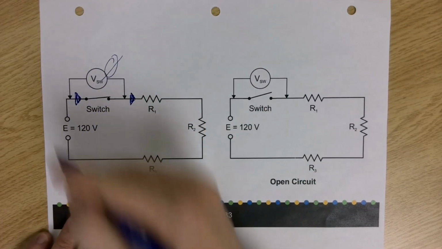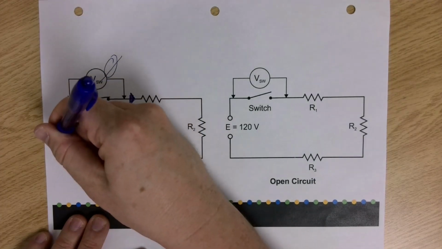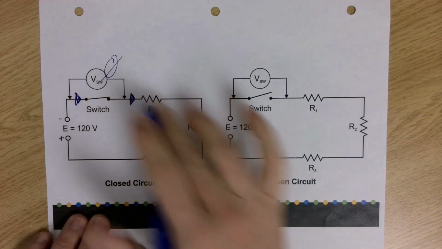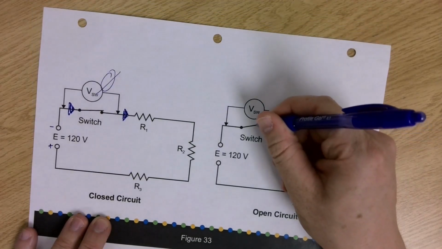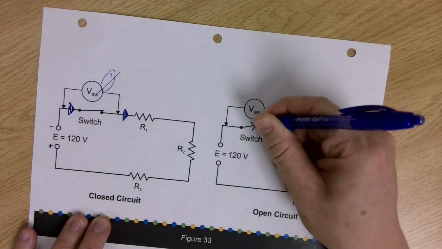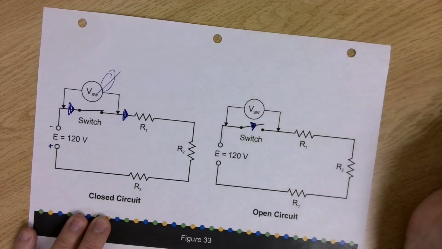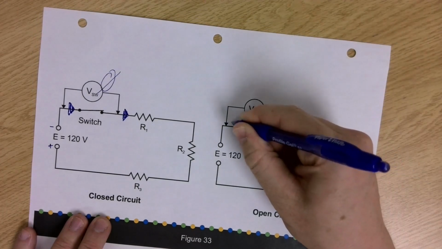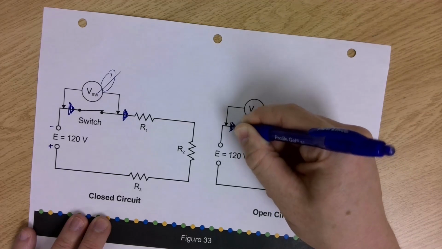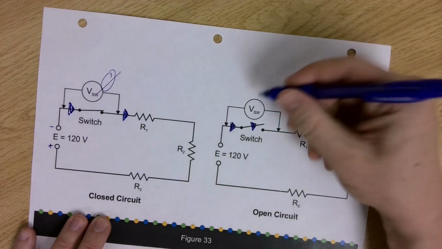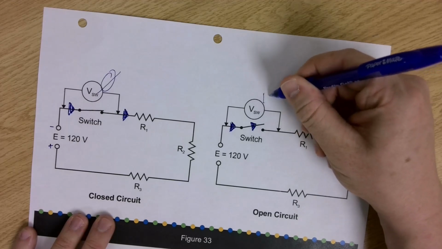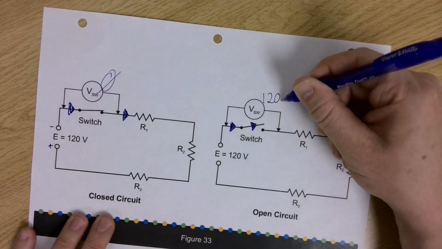Okay, so they didn't label this diagram, but we will. So there's a negative to a positive. The switch is closed, who cares? But if the switch is open, well, now the electrons cannot get through. Now we do have a difference from either side of this switch. Now your voltmeter is going to measure 120 volts.